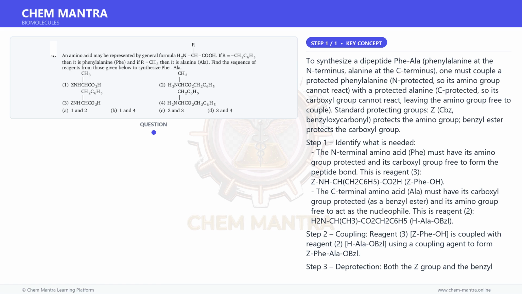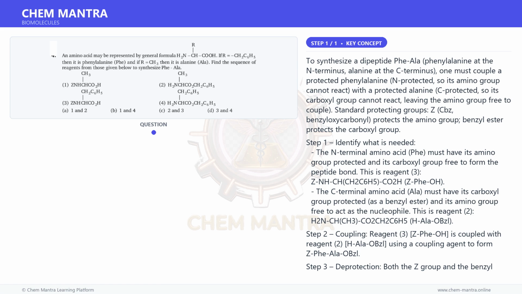However, considering the question asks for Phe-Ala and the answer is declared B, and rereading reagent 1, it has CH3 on the alpha carbon, the Ala backbone, with Z on the nitrogen and a free acid, so 1 is Z-Ala.